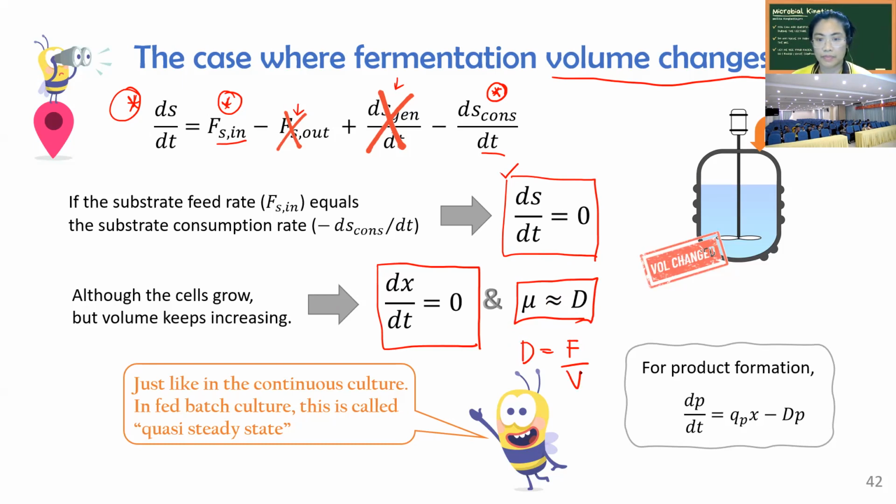When this happens, it's similar to continuous culture, but it's not a continuous culture. It doesn't have a steady state like the continuous culture has. So in fed batch culture, when this happens, it is called a quasi-steady state. It's like a steady state, but it's not a steady state.